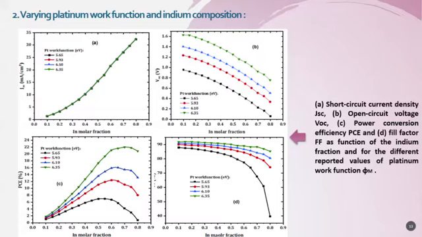The short circuit current density does not change when the work function is changed, while the open circuit voltage increases with an increase in the work function. As for the conversion efficiency, it also increases with the increase in the metal work function.